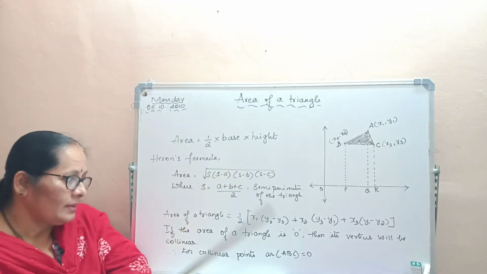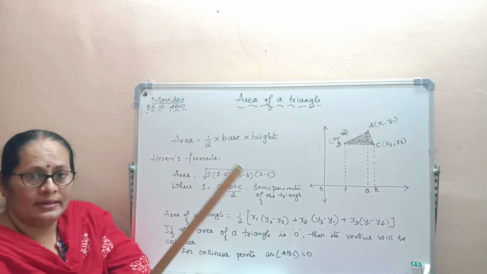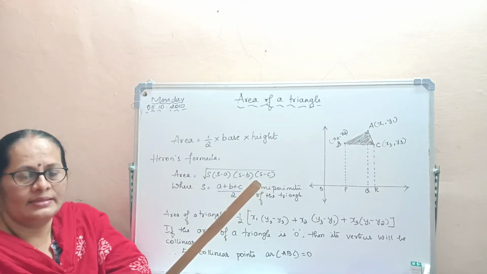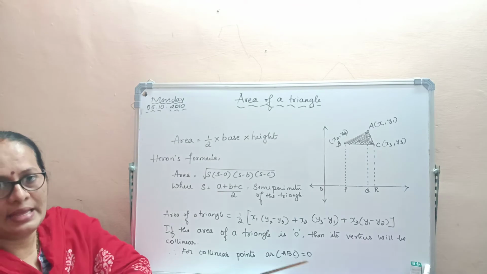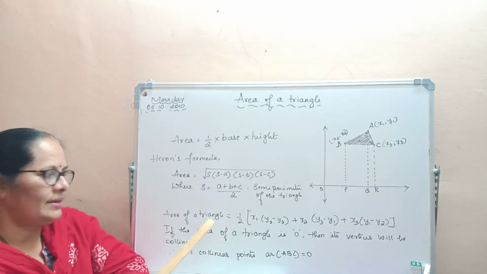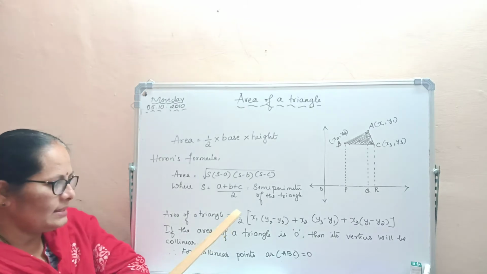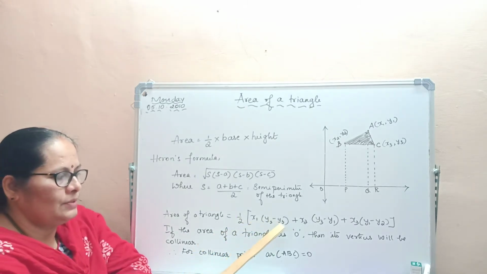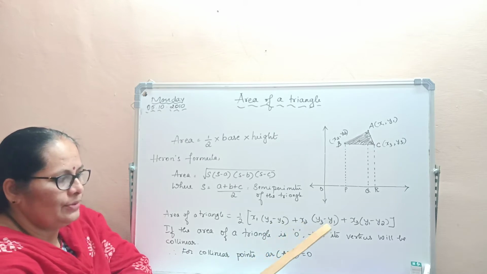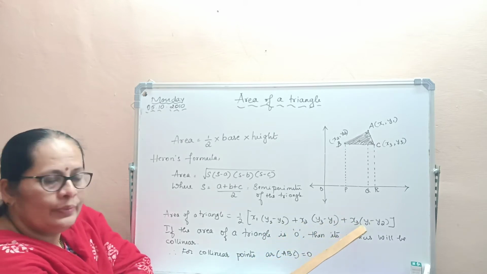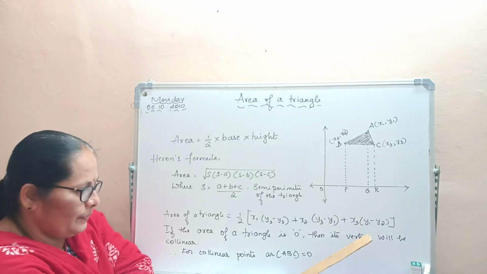Today you are going to learn how to find the area of a triangle when the coordinates, that means the vertices of the triangle, are given. The formula is half into x1 into y2 minus y3 plus x2 into y3 minus y1 plus x3 into y1 minus y2.